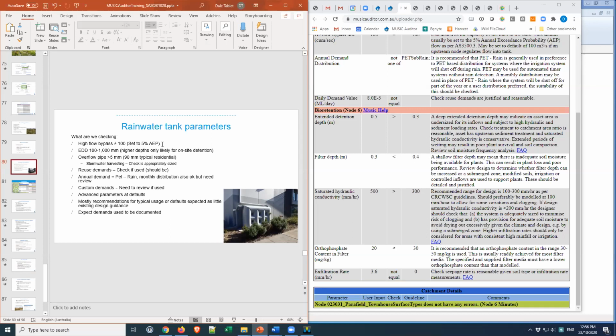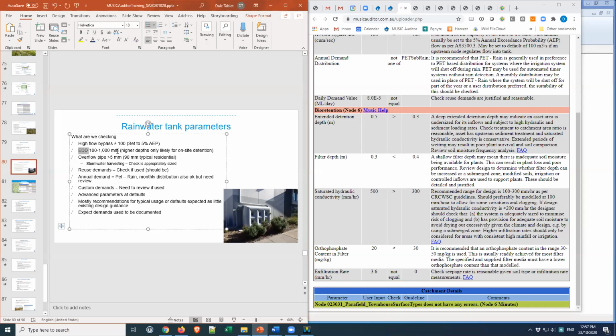However, the guidance is that the gutters should be designed for the 5% AEP. And so what you can do is check that, if I got that right, is it 5? You can check that bypass is what you expect, and that the consultant's done the calculations to say what that 5% AEP is, and that the gutters and the flows into the tank are designed accordingly.